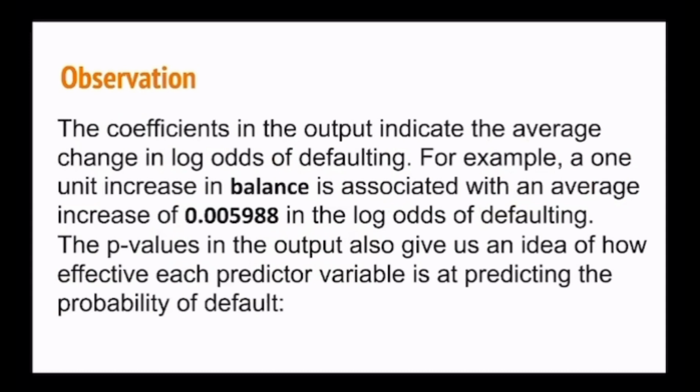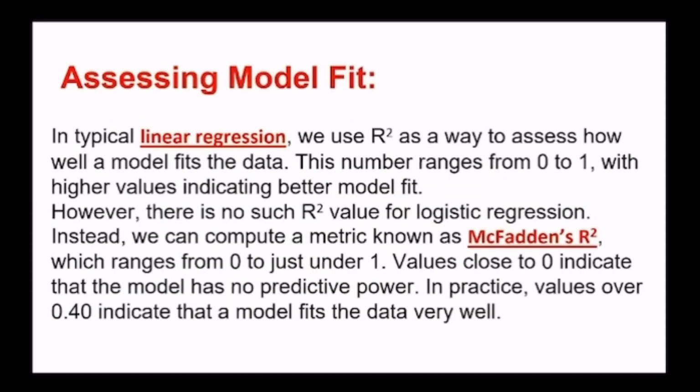Another thing we're going to do is assess the model fit. In linear regression, we use R square, the coefficient of determination. But here in logistic regression, we use McFadden's R squared, which ranges from 0 to just under 1.